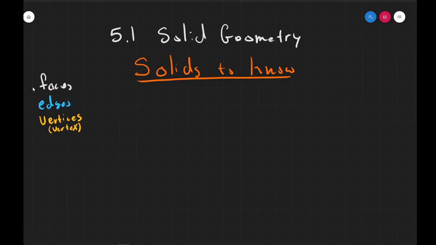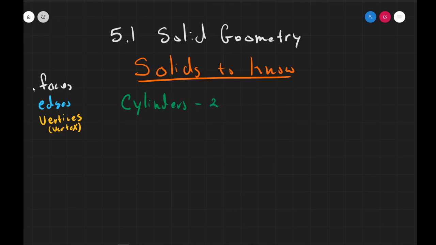The next group of shapes that we want to know are cylinders. Very similar to prisms, but cylinders, instead of having polygon bases, they have circular bases. Let's see.